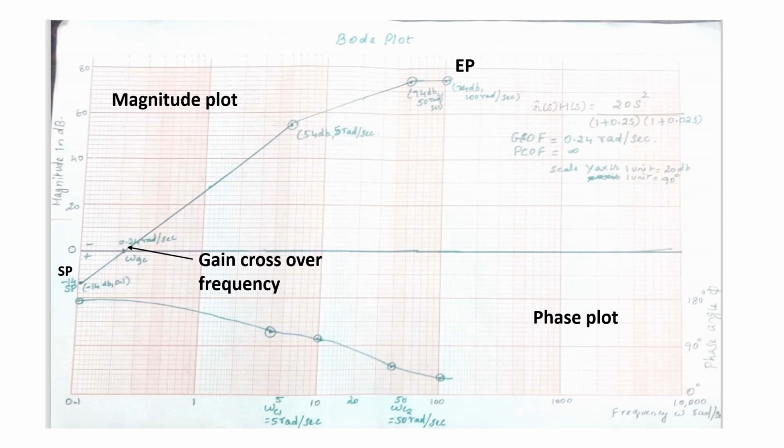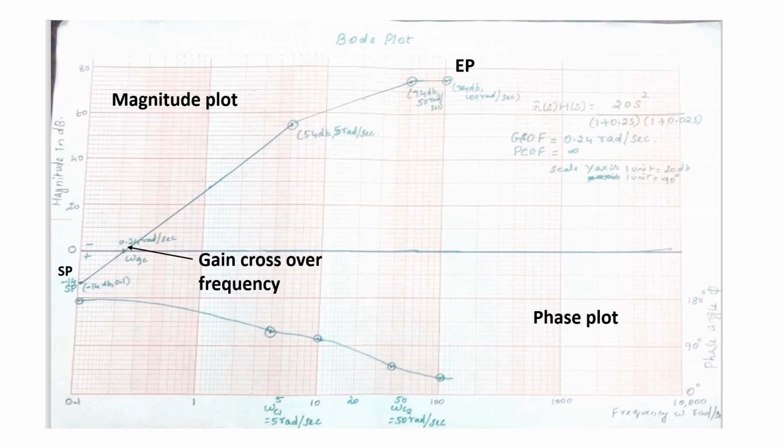And here is a representation of a phase plot. In that, on the y-axis we have the phase angle and on the x-axis we have the frequencies. Here we have plotted the total phase angle versus the frequency.